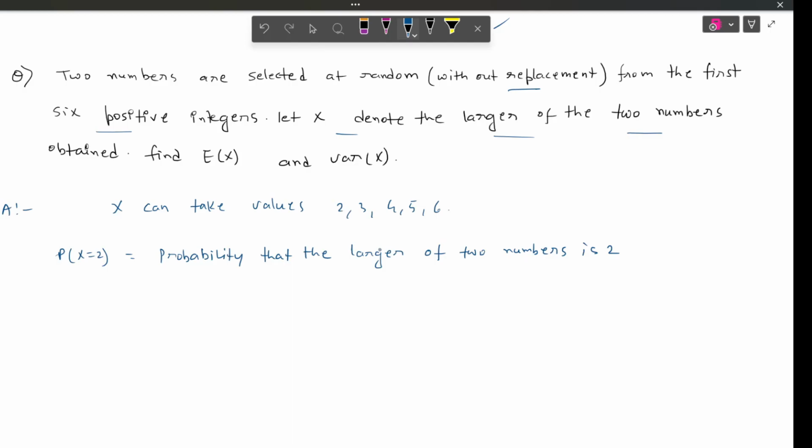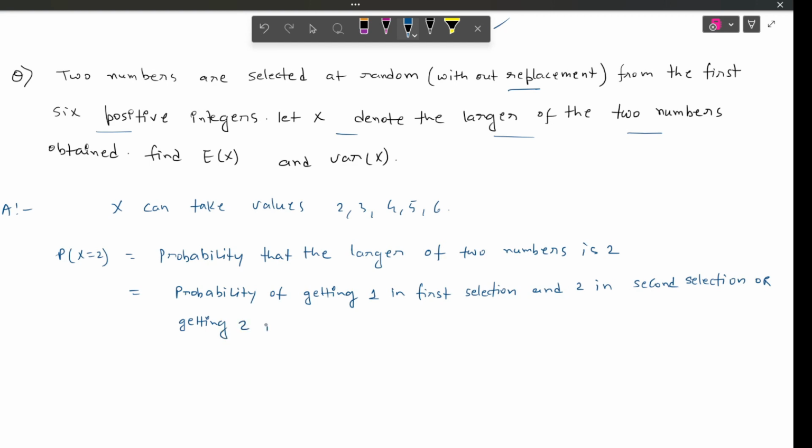Okay. So how can we find it out? We can say that probability of getting 1 in first selection and 2 in second selection, or it can happen in this way also, getting 2 in first selection and 1 in second selection.